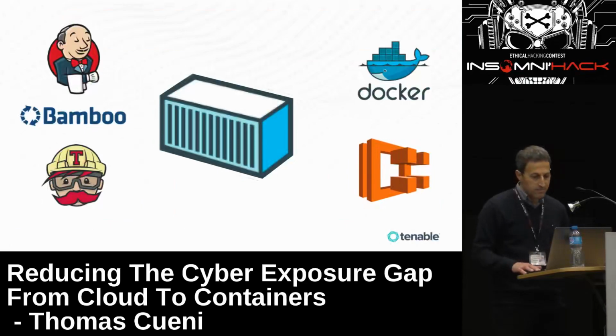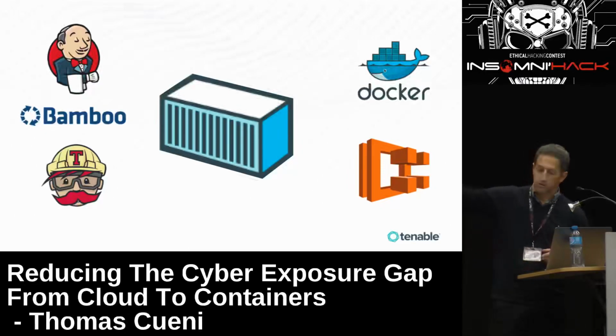Now, the tools that are used here are tools like Jenkins, which is a tool for building software. Travis, then on the top right, the Docker Hub, or on the bottom right, the Amazon ECS registry.